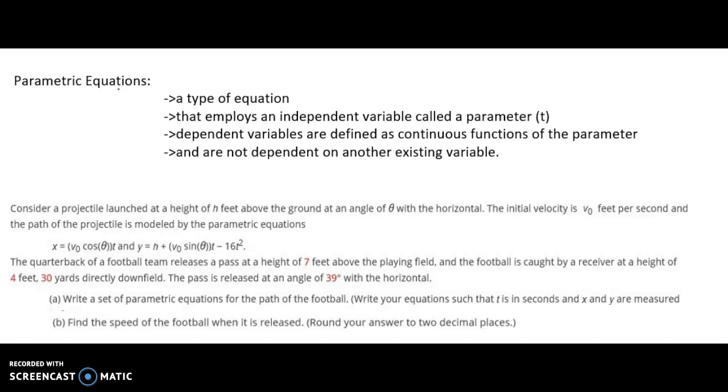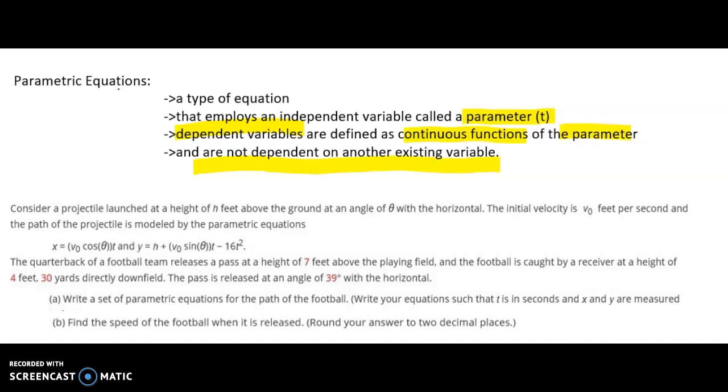Parametric equations are just a type of equation, but different from a normal equation. How? They have an independent variable which we call a parameter, denoted by a lowercase t. Another important thing is that the dependent variables are defined as continuous functions of the parameter, and they are not dependent on any other existing variable.